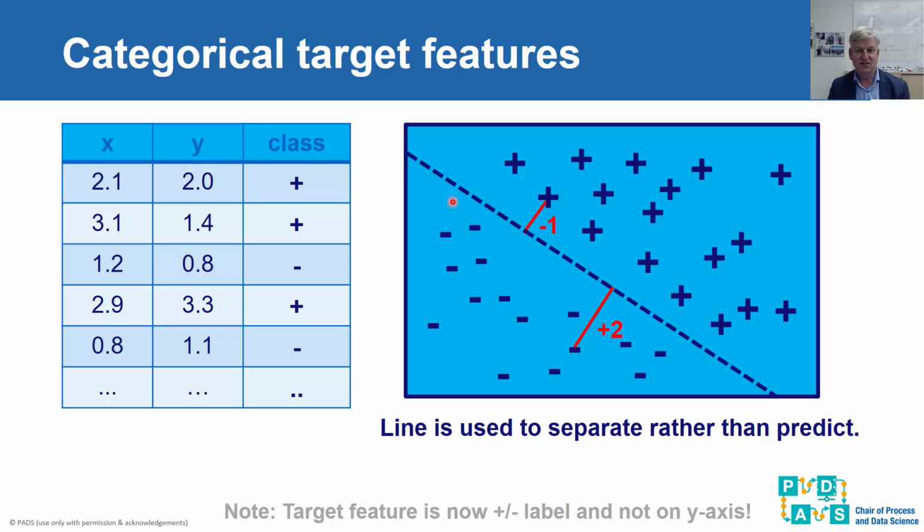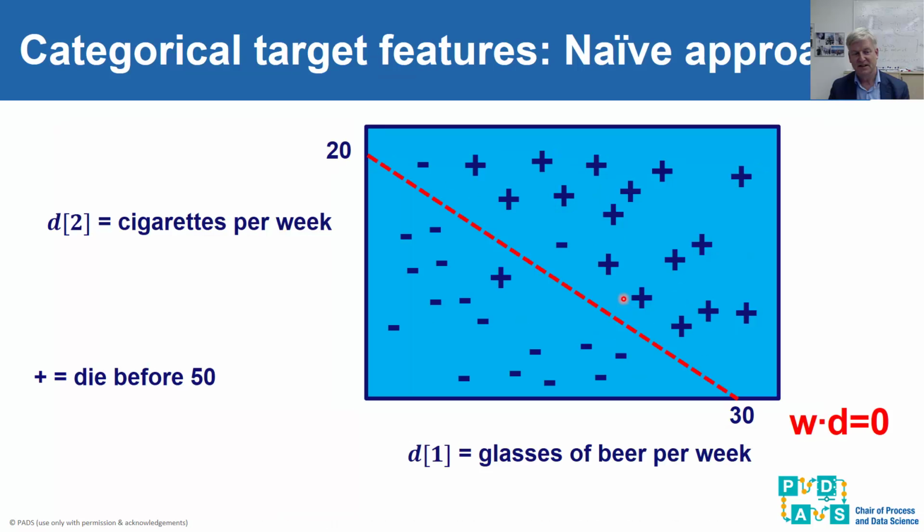So that's the basic game that we are trying to do, and we can talk about the distance from this separating line, and that can be either positive or negative depending on which side of the line you are. This is a bit tricky, but I will explain this in steps in the next couple of slides.